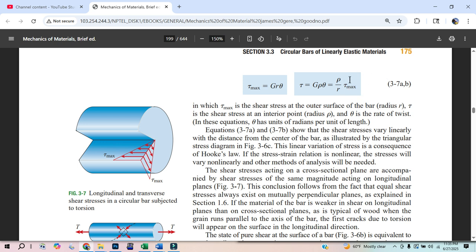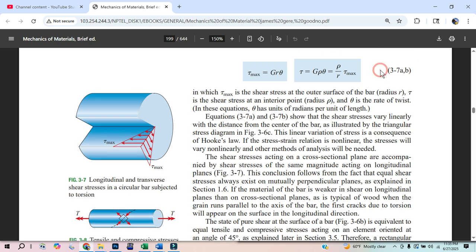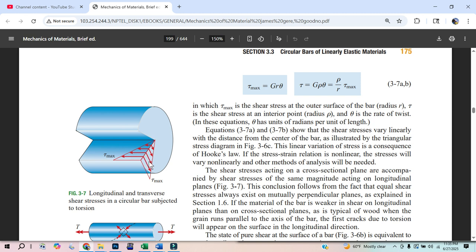Once we do the integration, we're going to have two variables that we're going to equate T max to torque. And we do that by taking a small little chunk of area, and knowing that that area is a distance rho to that little chunk of area, that differential area.